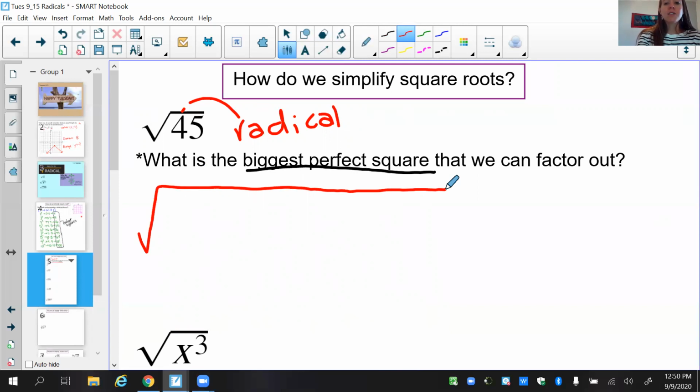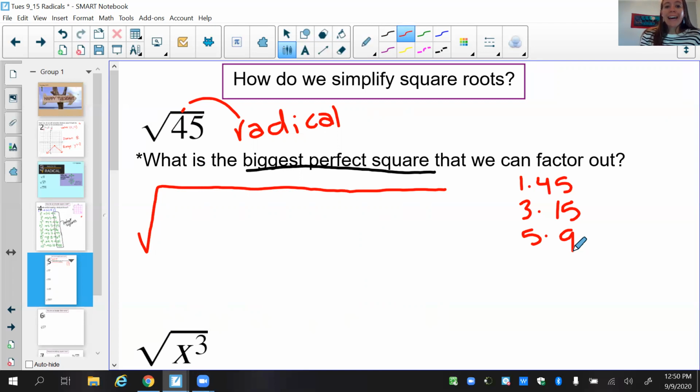I can say it's 1 times 45. 2 doesn't work. 3 does work. It would be 3 times 15, I knew that. 4 doesn't work. 5 times 9, that sure works. And that's it. So now I want to look at my list of factors.